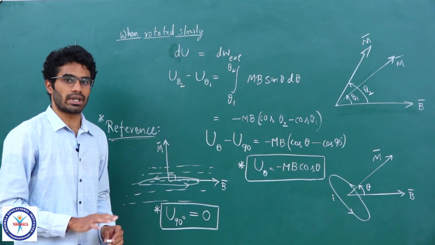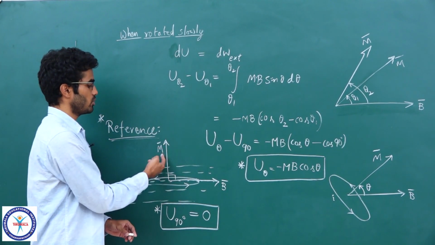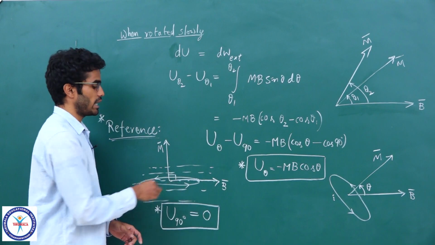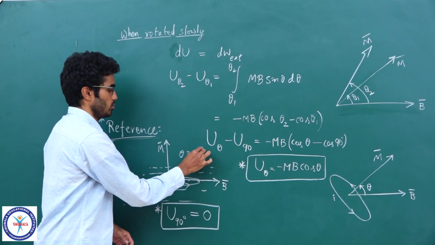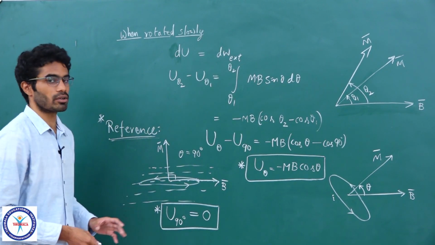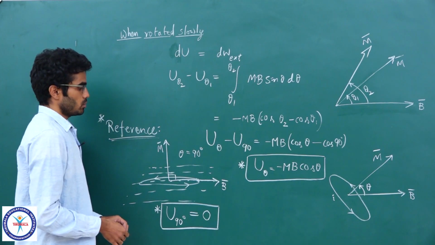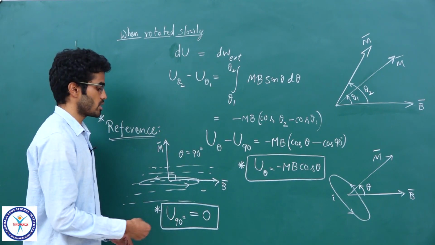It is a convention, it is just for a reference. So, whenever the angle between the m bar and the b bar is 90 degrees, we assume that the potential energy in that situation is 0. That is our reference value. So, in this situation, u for 90 degrees angle is 0.